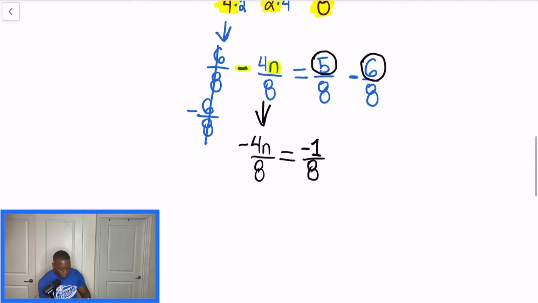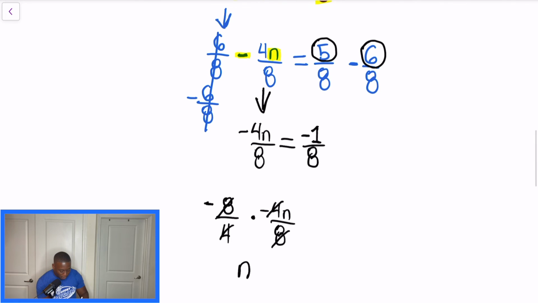So let's slide down a little bit more and let's actually rewrite this. So I have 8 over 4, right? That's negative, times negative 4n over 8. This cancels out, right? All we're left with is positive n, okay?